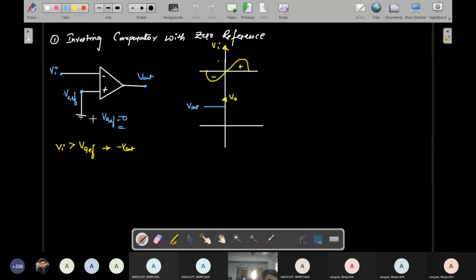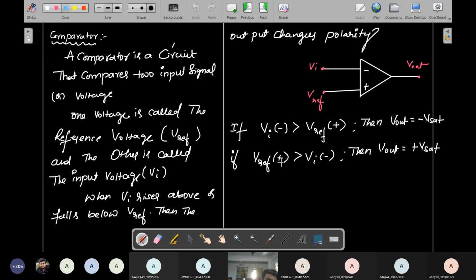Now consider the second case, if you give a positive peak, meaning this voltage is a positive voltage. The reference voltage is 0 volts, and you are also considering a positive voltage, but the terminal polarity is negative.